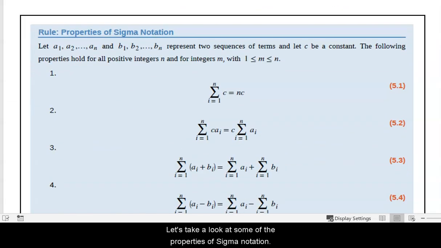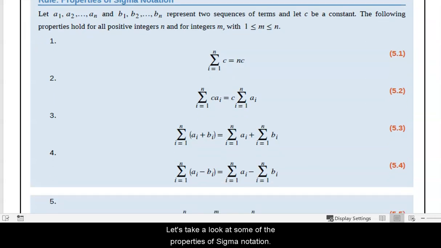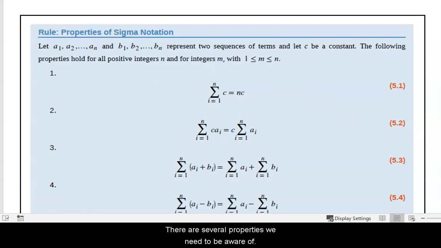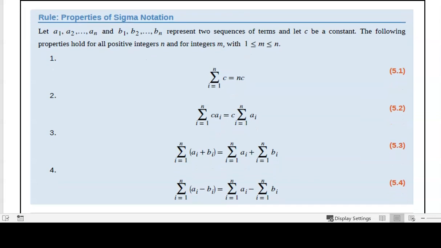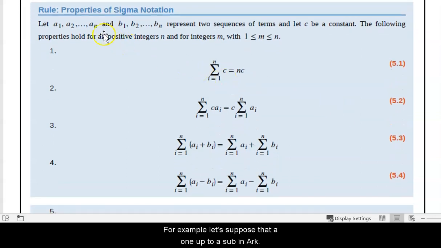Let's take a look at some of the properties of sigma notation. There are several properties we need to be aware of. For example, let's suppose that A1 up to A sub n are one list of numbers that is represented by the summand in a notation.